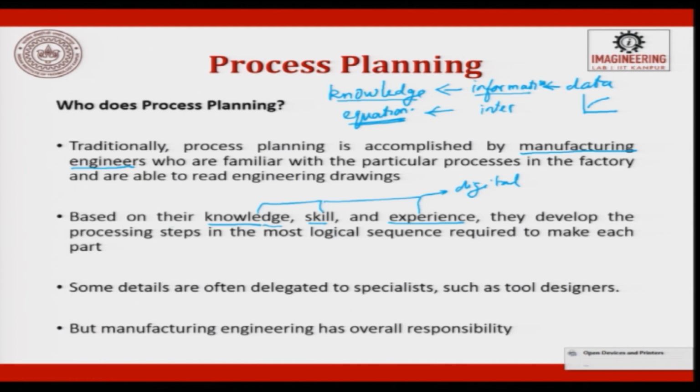So, based on their knowledge, skill, experience, they develop the processing steps in the most logical sequence required to make each part. Many a times if you do a cooking in your house, we know that this item has to be made, but as and when we start making it, we see there are some constraints coming while cooking. So, now what we do is these constraints can be limited resources. So, what we do is we try to jump from one resource to another resource which will still maintain and give a same taste while cooking.